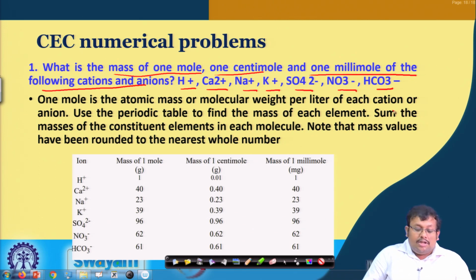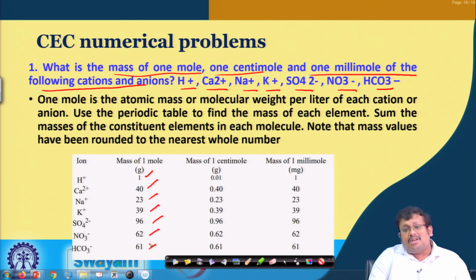From the periodic table we can easily see the mass in grams of 1 mole of these ions. For H plus it is 1 gram, calcium 40, sodium 23, potassium 39, sulphate 96, nitrate 62, bicarbonate 61.